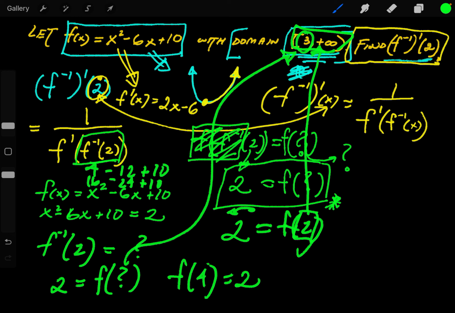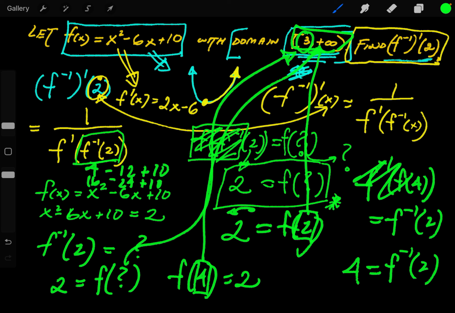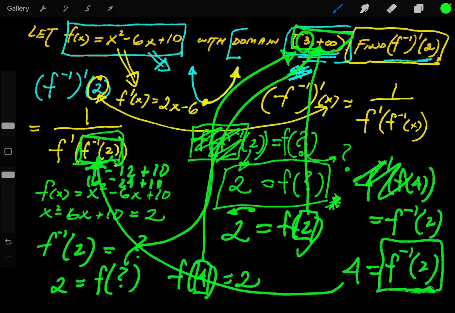This is the value you really want, because that's in the domain of this function. So when I apply f inverse to this, these two undo each other again, and I get 4 is equal to f inverse of 2. And that's exactly what I want to plug in here. Instead of writing f inverse of 2, now I can write it as 4.